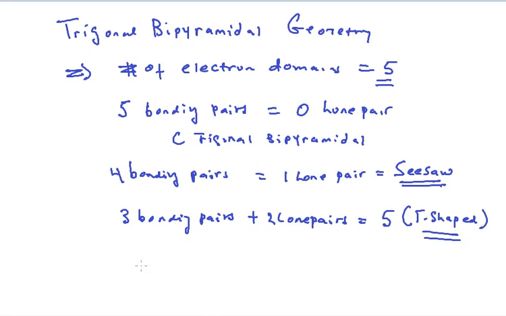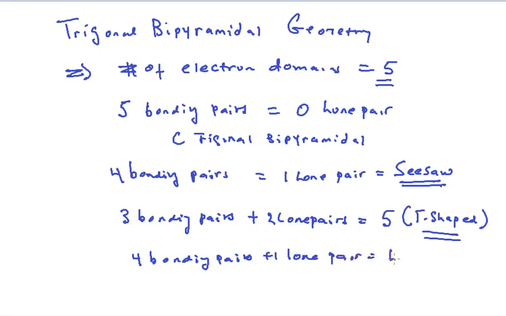There is also something similar to linear geometry, but the important thing is you need to count the number of electron domains. Let's say you have 2 bonding pairs and 3 lone pairs.